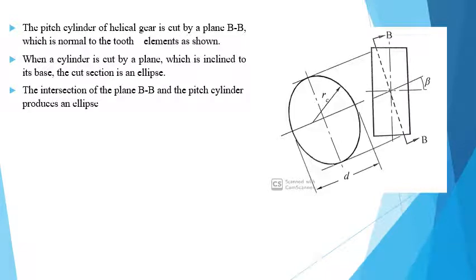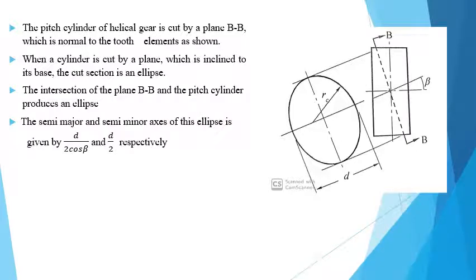So the intersection of the plane BB and the pitch cylinder of this gear produces an ellipse. The semi-major and semi-minor axes of this ellipse are given by d by 2 cos beta and d by 2 respectively. So this represents the semi-major axis and d by 2 represents the semi-minor axis.